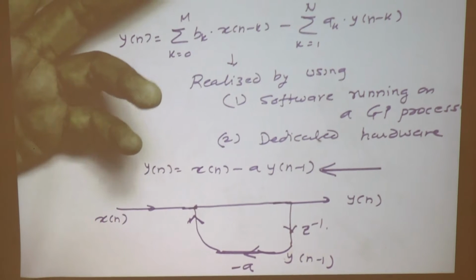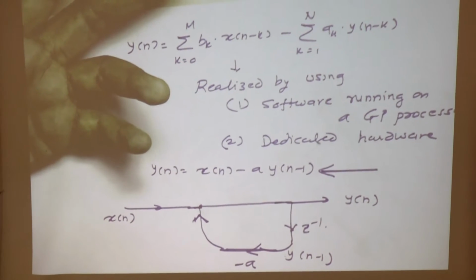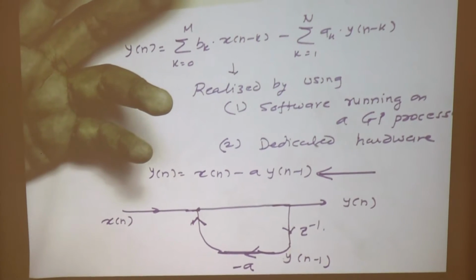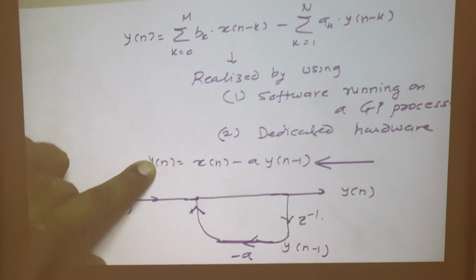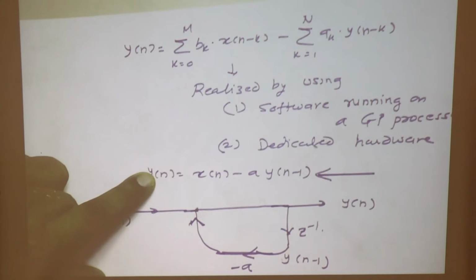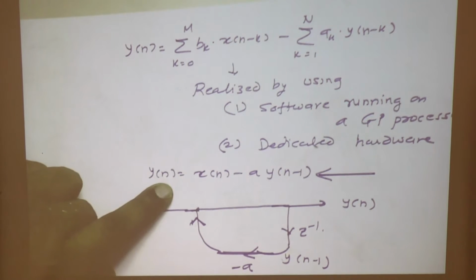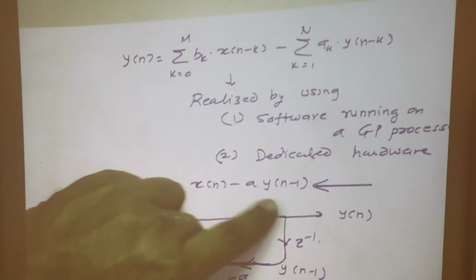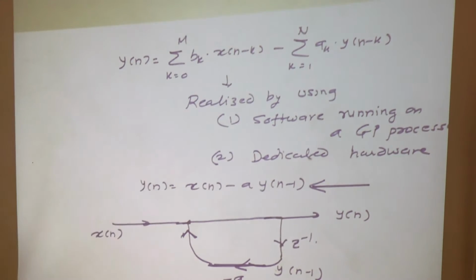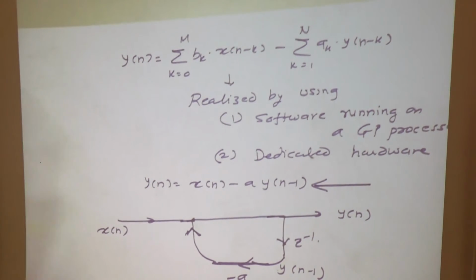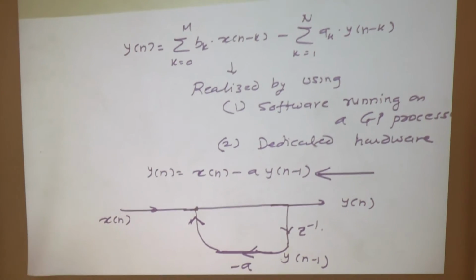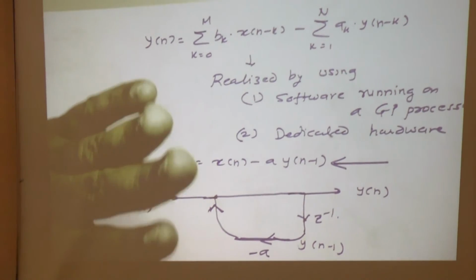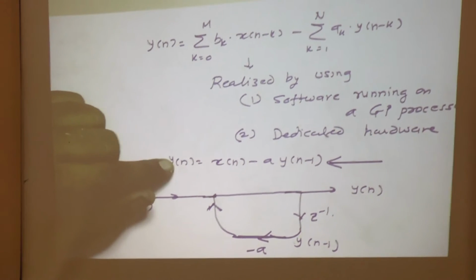So, define a to be a floating point number, x and y as arrays of floating point numbers, and then write this equation in a for loop for n equal to 0 to 10,000. That is a software realization. You write it in C, in assembly language, in MATLAB, anywhere. It is all a general purpose processor, you are implementing this equation.